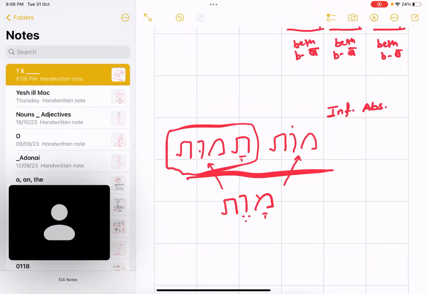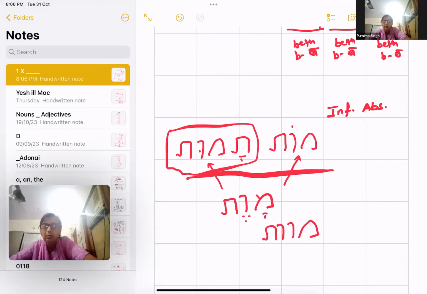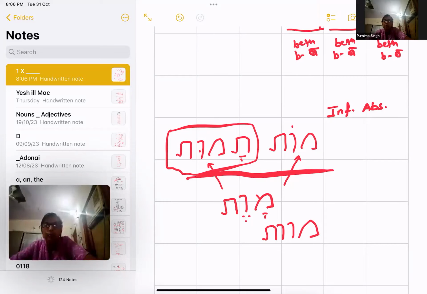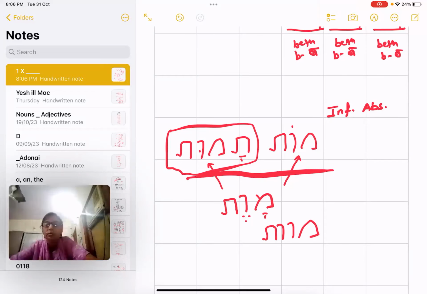We cannot make it like this. Because the second root letter is wow only, they just put the holam over this second root letter. So this has become a holam wow. That is the indication of infinitive absolute.